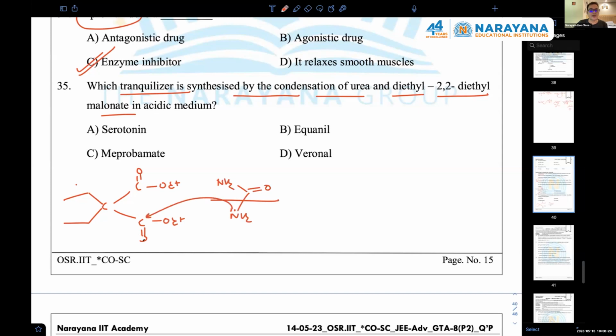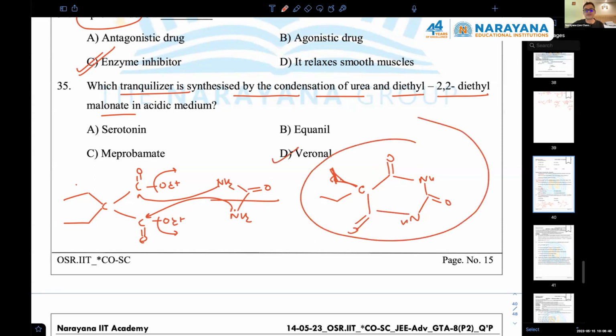Attack here, O minus comes back, removing this OEt. Attack here, O minus comes back, removing this. So you will get a C with ethyl, ethyl, and this C double bond O, NH, C double bond O, NH, C double bond O. This is veronal, the derivative of barbituric acid.